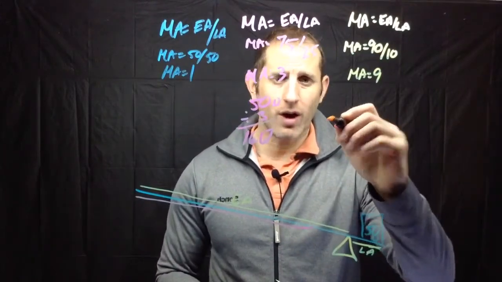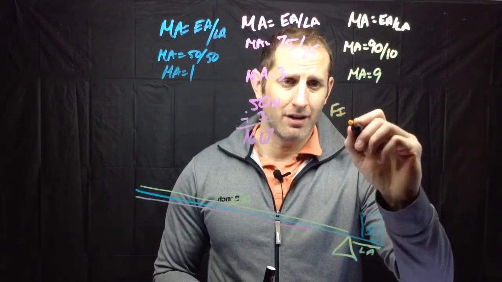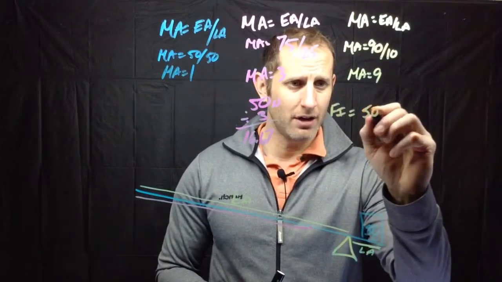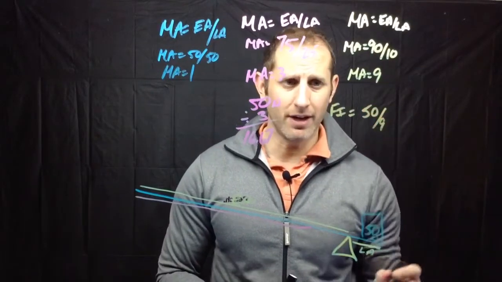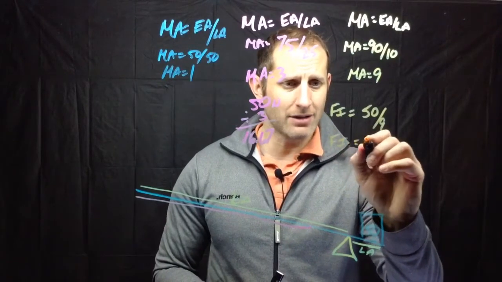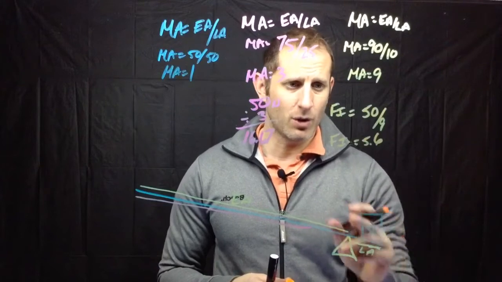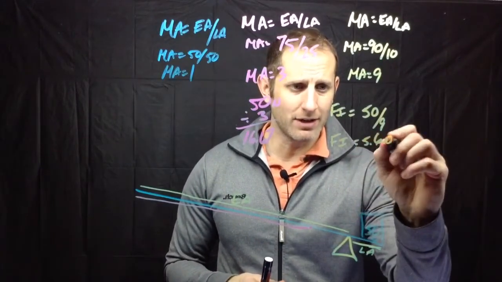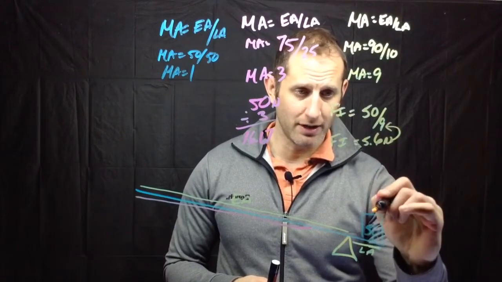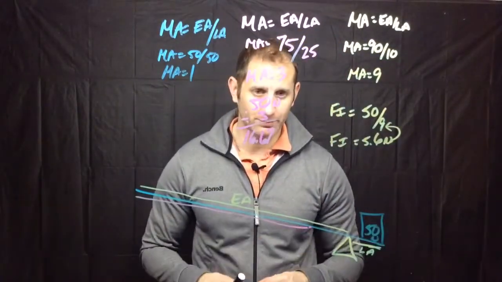Well, if I was trying to determine what effort I needed, force in, that's going to be equivalent to 50 divided by my mechanical advantage. 50 divided by mechanical advantage would give me my force in, and that's going to be 5.555, or 5.6. So if I multiplied 5.6 newtons by 9, I get over 50. That's more than enough for what I need in order to make this work.